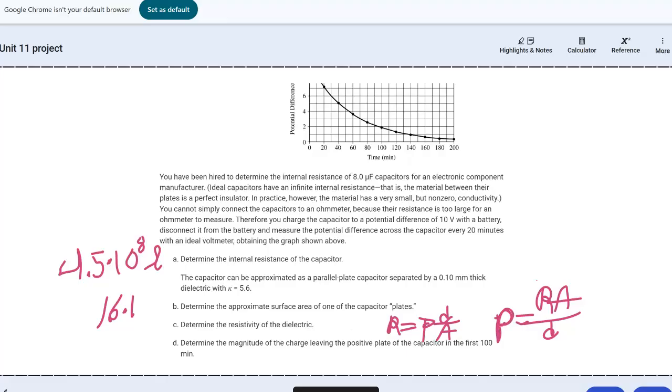That's resistivity. And then we're gonna substitute what we found for A and R, and we know D, and then we're gonna plug that in, and that's gonna be 7.25 times 10 to the 13th ohms, and that's our resistivity.